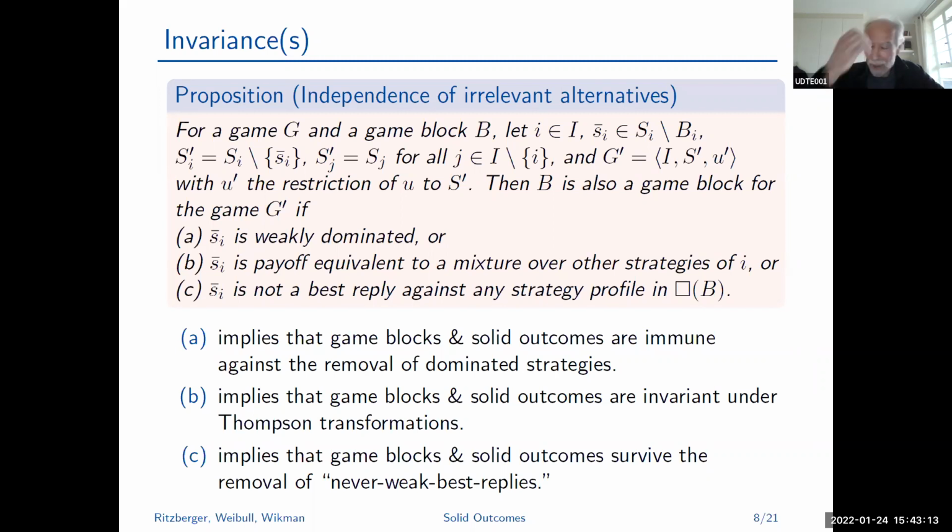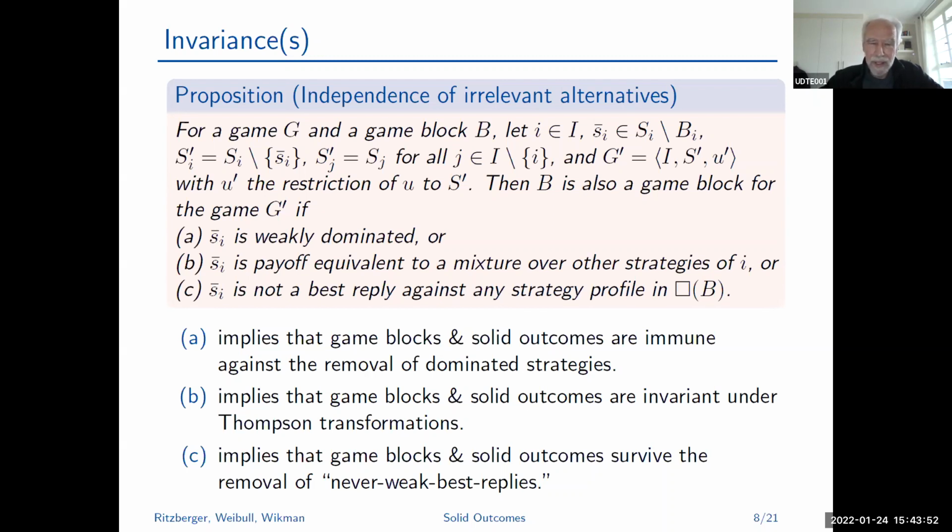And the Thompson theorem, or its somewhat improved version by Elmes and Reny, basically is a characterization theorem that says two extensive forms differ from each other by these three transformations, well, Thompson had four, but Elmes and Reny had three, if and only if the two games have the same purely reduced normal form. Okay? So the details of the extensive forms don't matter. That's what statement B says.